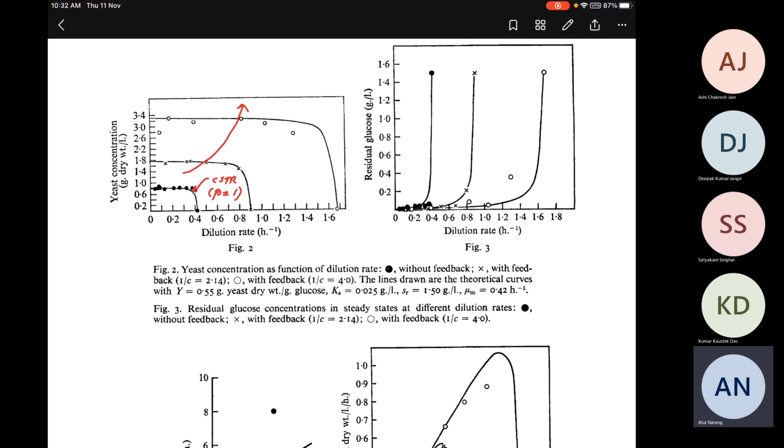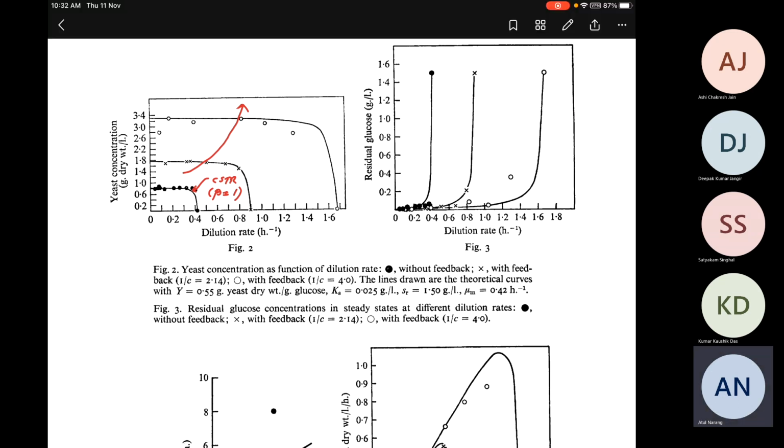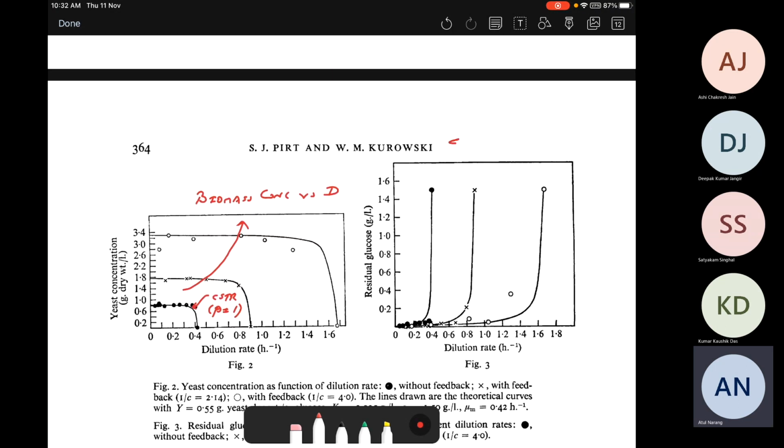So this is biomass, this is yeast concentration, biomass concentration versus D. And here is substrate concentration versus D.